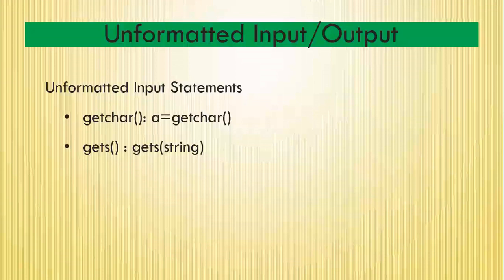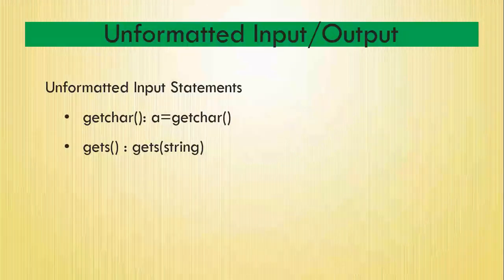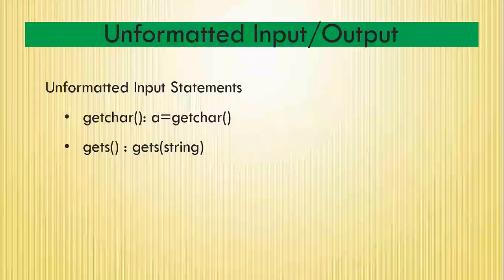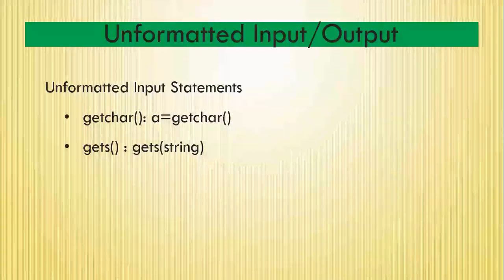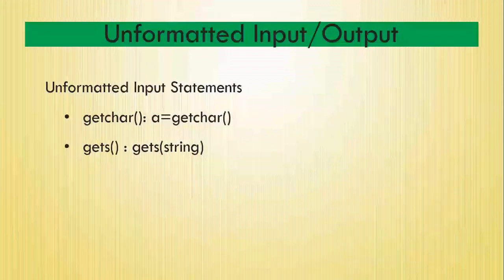You can see here a equals getchar(). Whatever character you press on the keyboard of your computer will be stored in the variable a, where a is a character type variable to which the accepted character is assigned. We'll see further examples of this function.